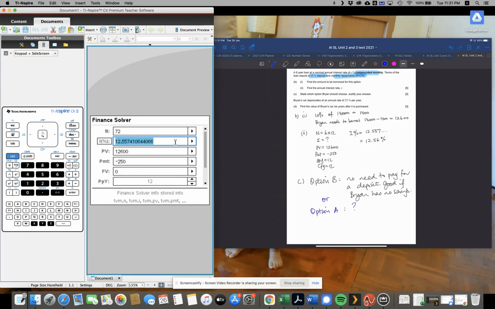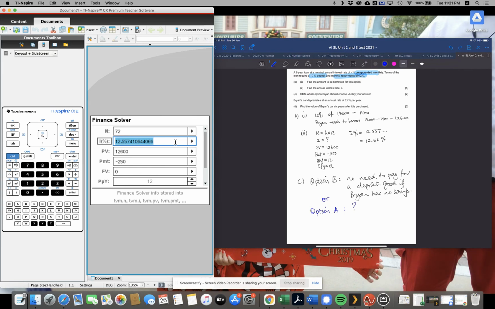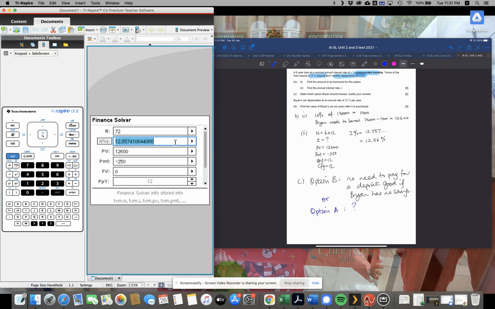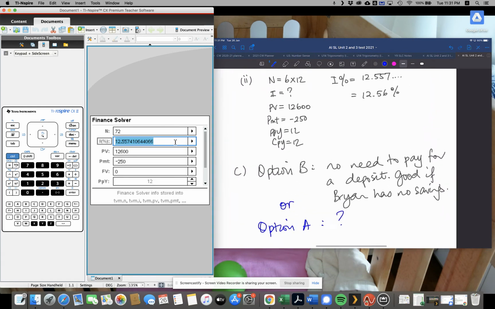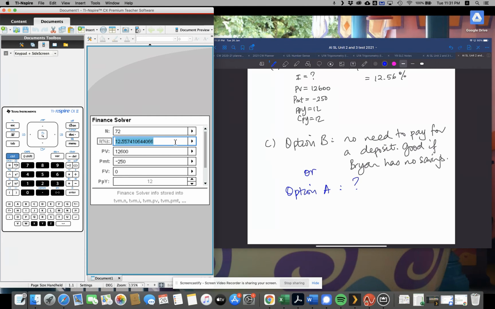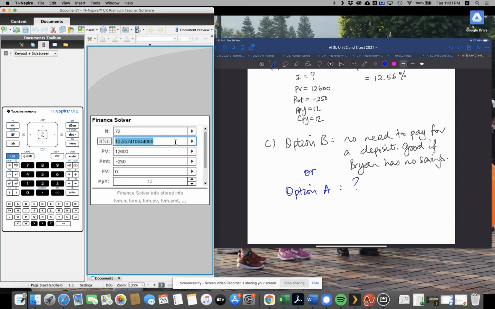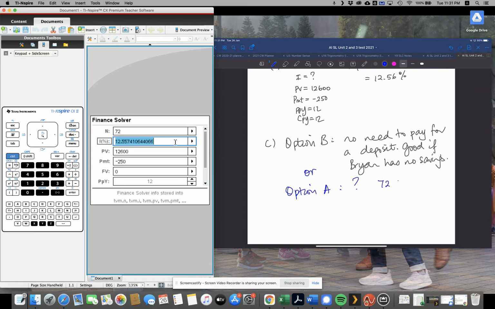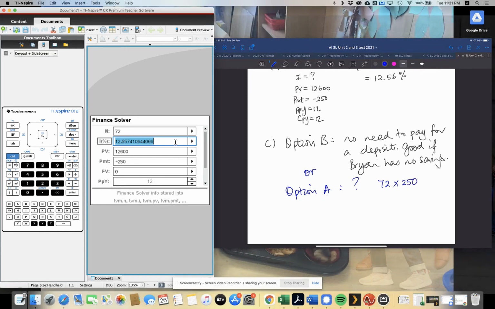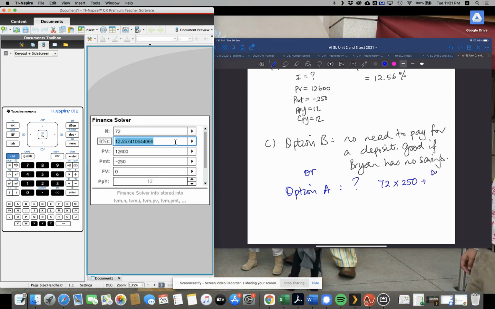So if he is repaying monthly for 250, so by that time, after 72 months, how much would he need to pay? So 72 payments of 250 plus the 10% deposit, right?